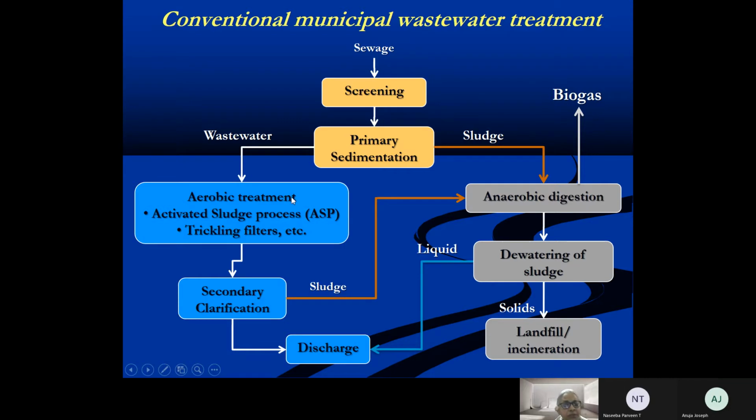So in aerobic treatment processes, we'll cover about 3 of them. We'll go through the activated sludge process, trickling filters, and rotating biological contactors. So these are the 3 aerobic treatment processes that I have included in this PPT, but you will find many others in the books and so on. So there are several examples, and I'll go through quite a few of them.